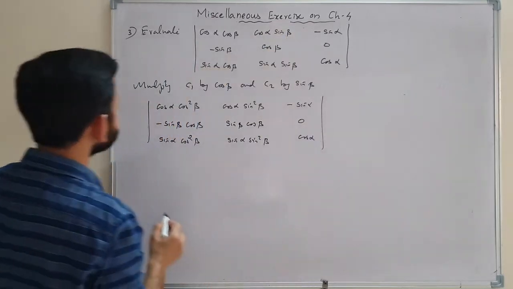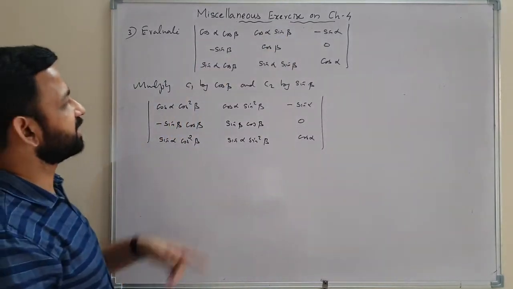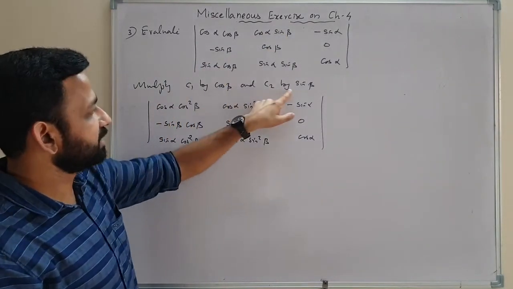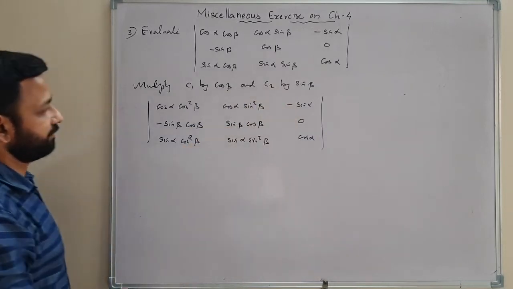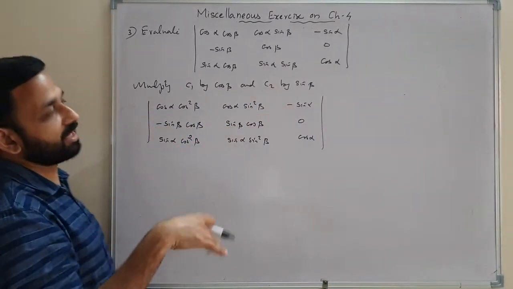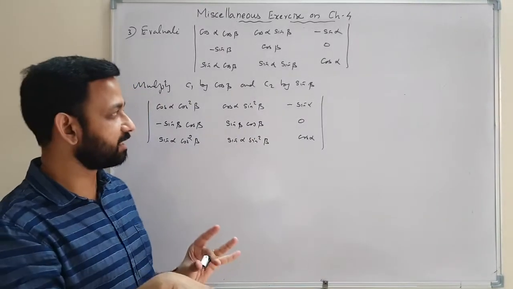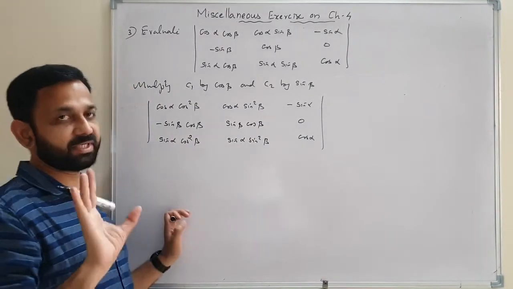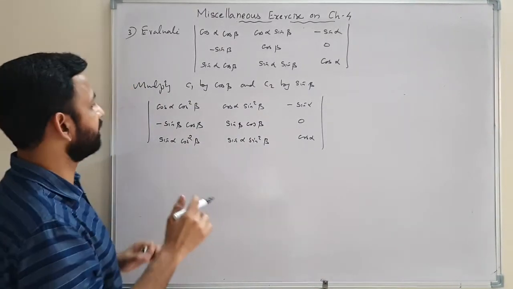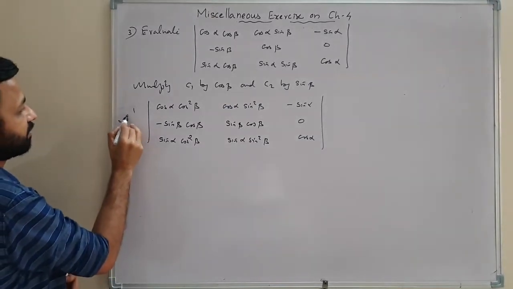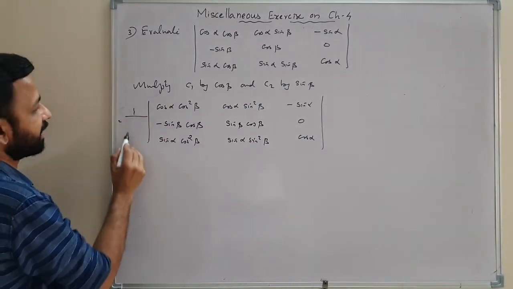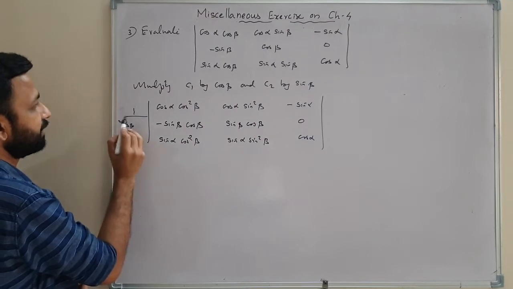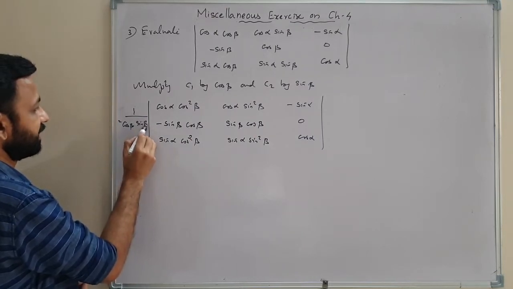When we multiply C1 by cos beta and C2 by sin beta, we have to write cos beta and sin beta outside the determinant in the denominator, otherwise the value of the determinant will change. So 1 upon cos beta into sin beta.